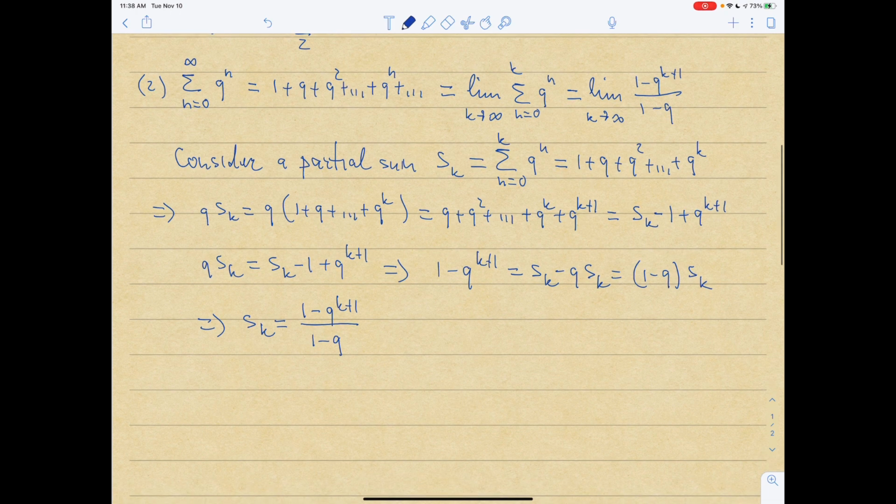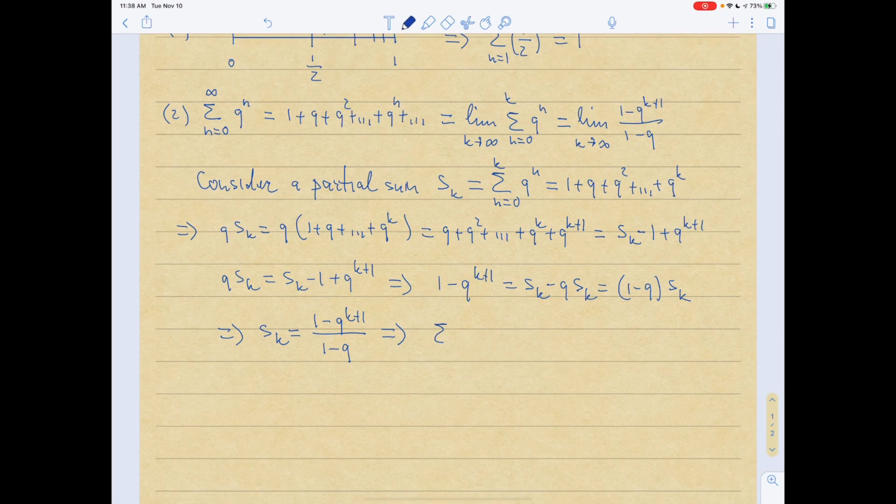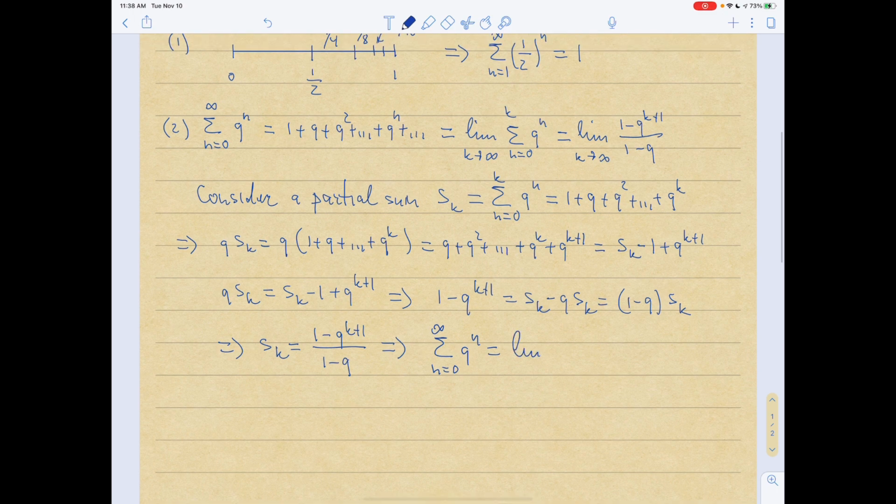So let me rewrite this here. The sum n from 0 to infinity of q to the n must now be the limit as k goes to infinity of 1 minus q to the k plus 1, divided by 1 minus q.